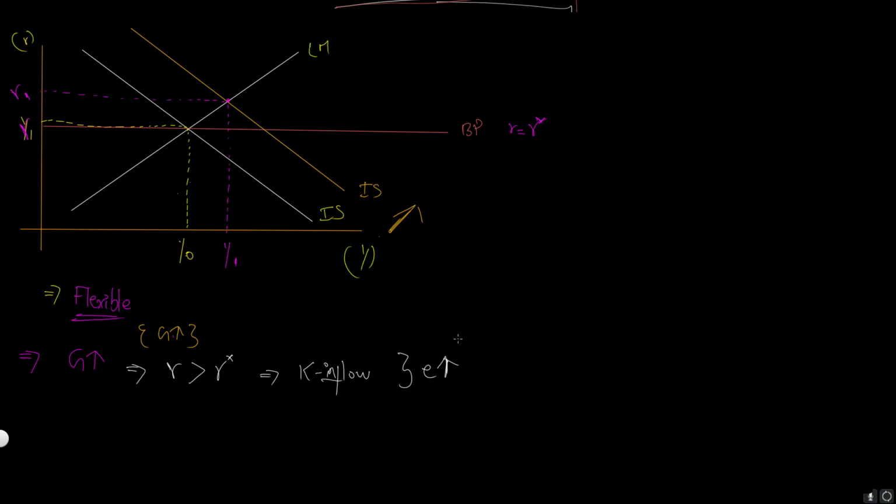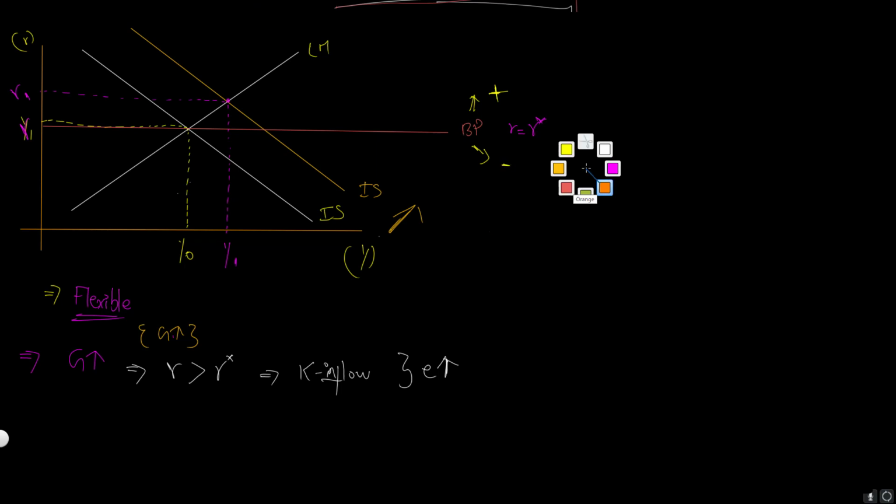However, what's going to happen because of market forces? One thing you have to keep in mind: all the points above the balance of payment line indicate a balance of payment surplus, and all the points below indicate a balance of payment deficit. That makes sense intuitively also.